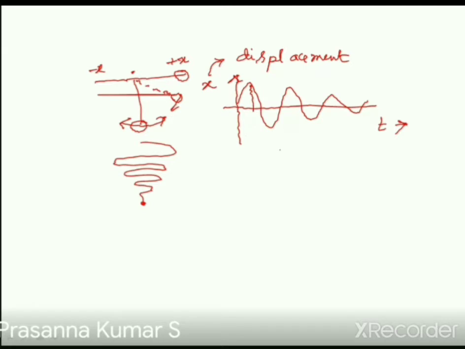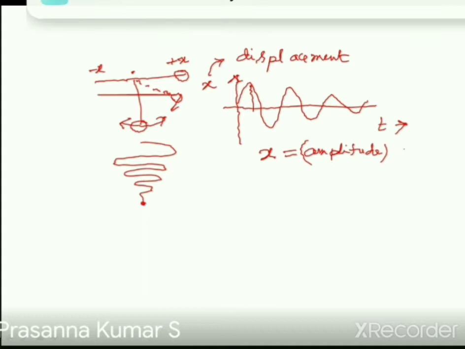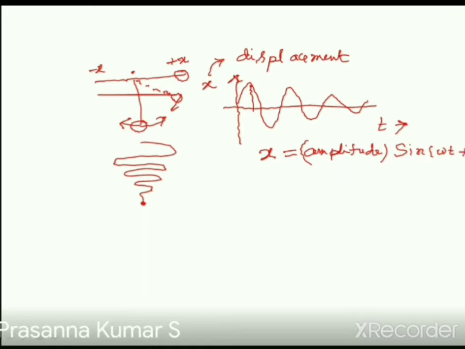So now you can express the displacement x is equal to some amplitude times sine of, it looks like some sine wave, no? Sine of omega t plus delta. We call this delta the phase.